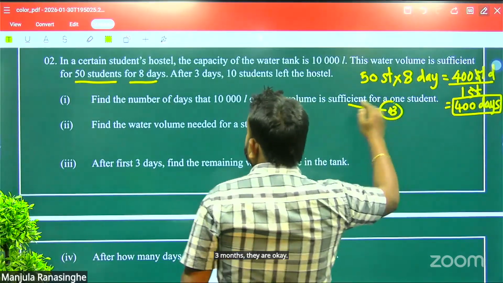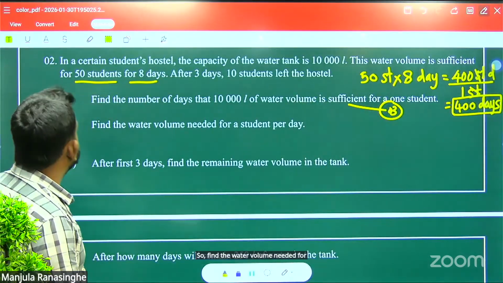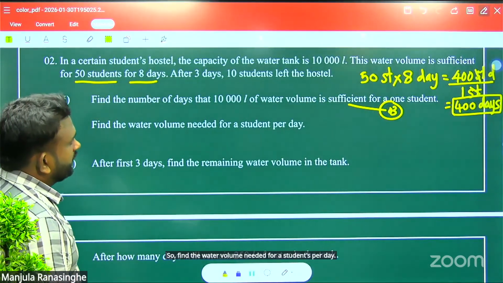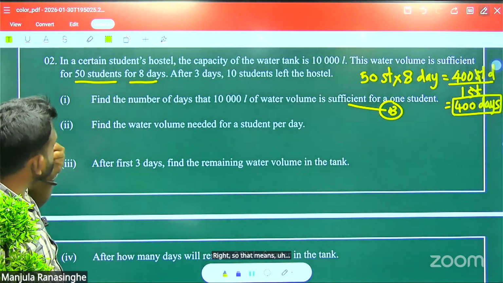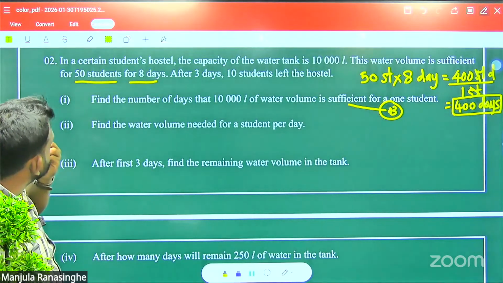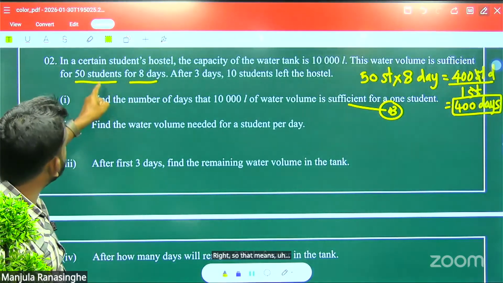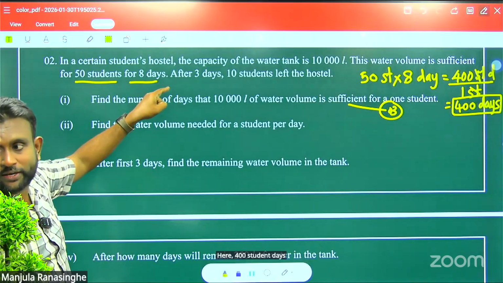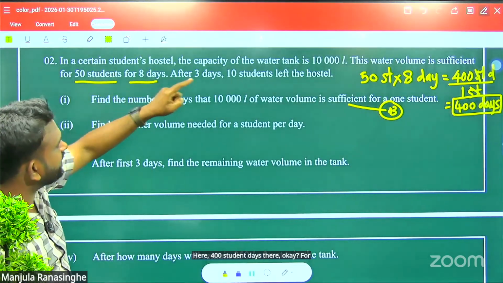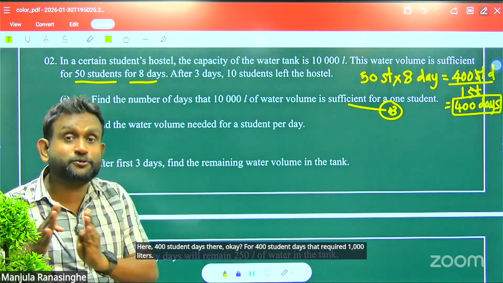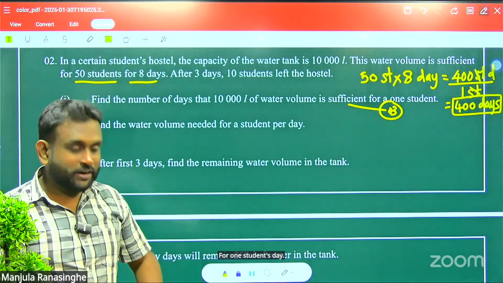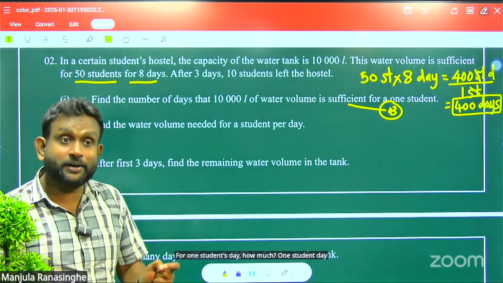Find the water volume needed for a student per day. Right. So that means here there are 400 student days. For 400 student days, that required 10,000 liters. For one student day, how much? One student, one day, how much?